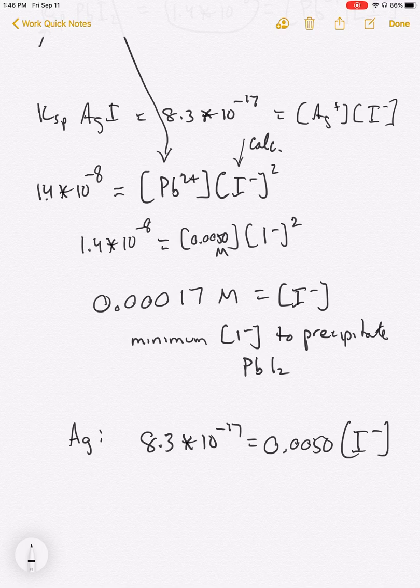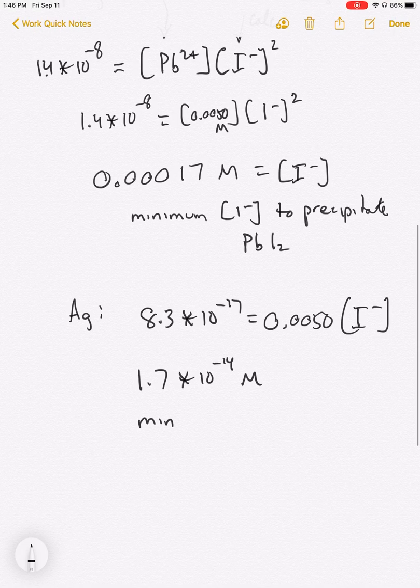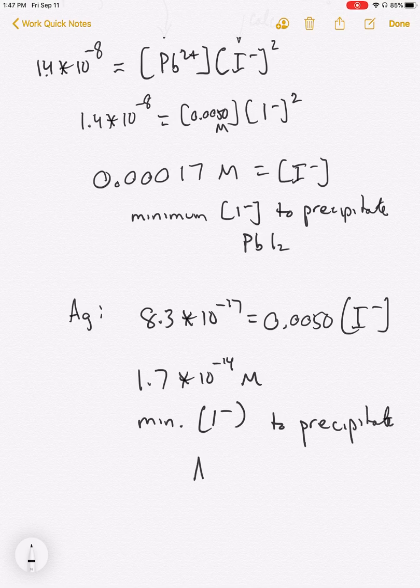Solving that for the I minus, we get 1.7 times 10 to the negative 14th molar is the minimum I minus concentration to precipitate silver iodide.